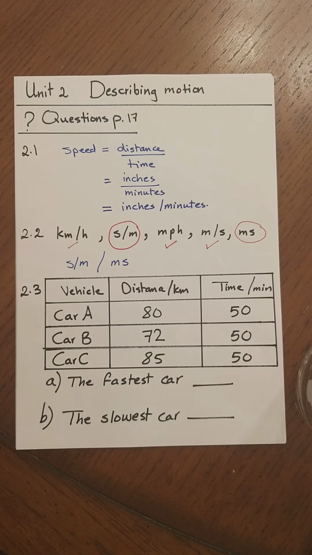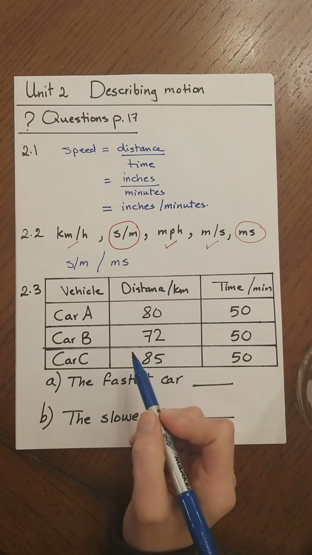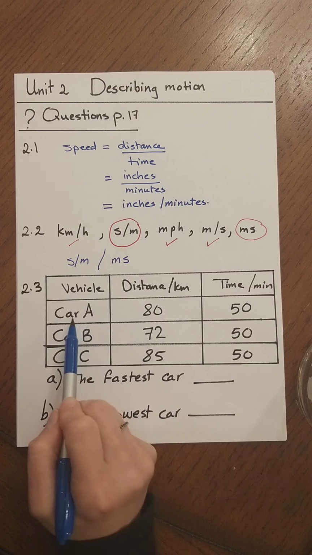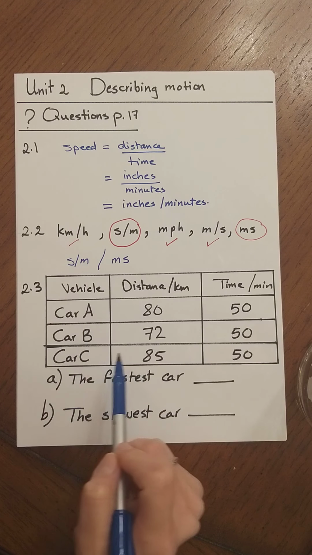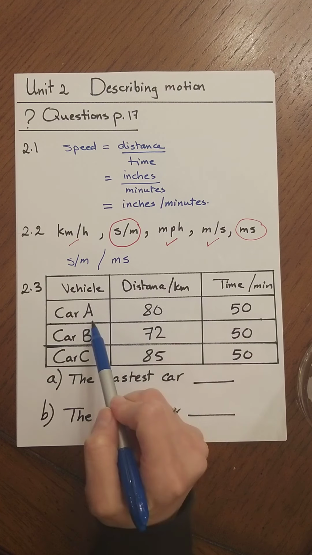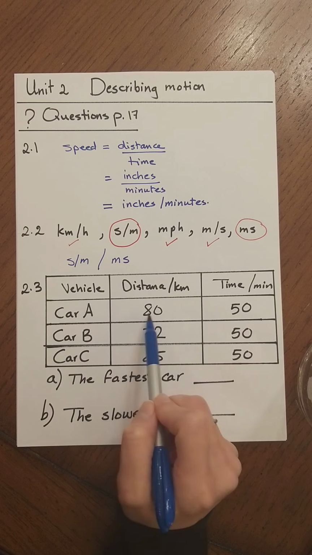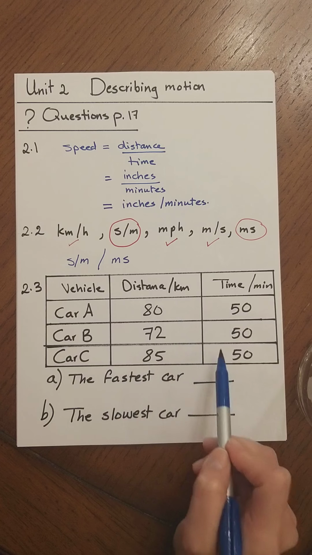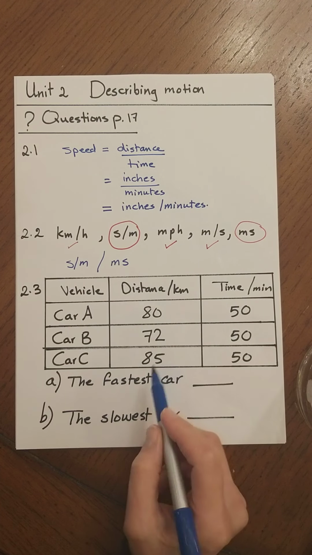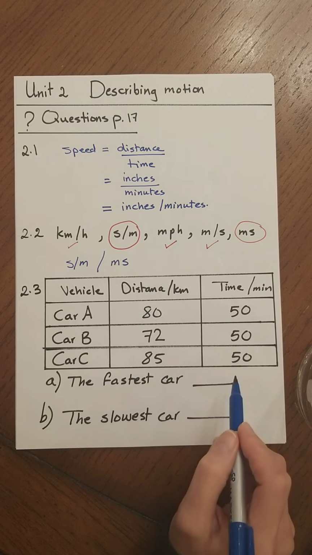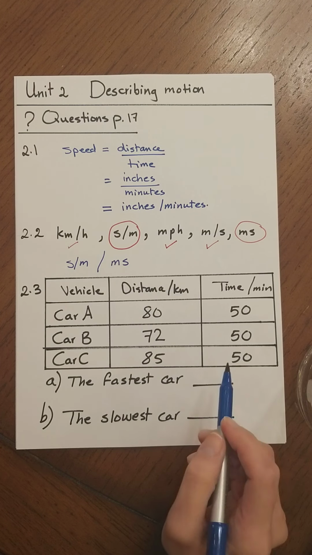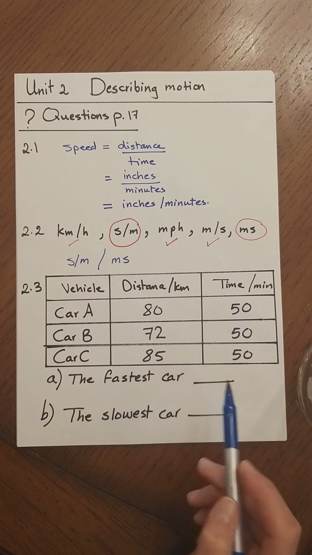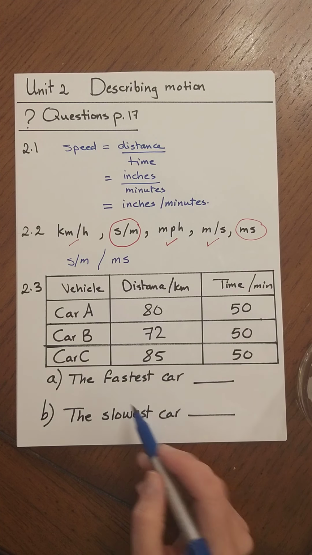Question 3. Information about 3 cars traveling on a motorway is shown in the table. So we have 3 cars, A, B, and C. Car A is traveling 80 kilometers in 50 minutes, B 72 kilometers in also 50 minutes, and C 85 kilometers in 50 minutes. So each vehicle is traveling a different distance, but they are all spending the same time, which is 50 minutes.